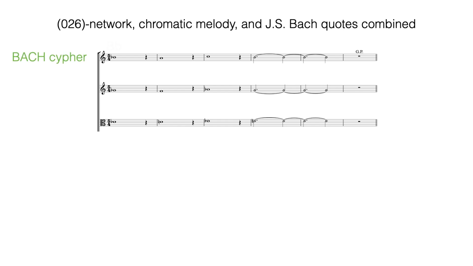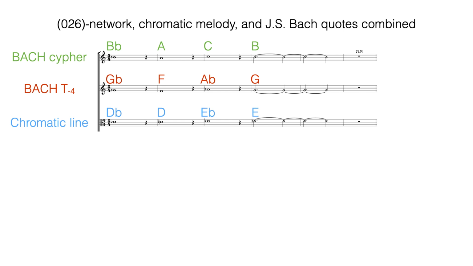The first violin gives a straightforward presentation of the BACH cipher, B flat, A, C, B. The Bach cipher is accompanied in parallel motion 4 semitones lower in the second violin. And it's also accompanied by an ascending chromatic line in the viola.